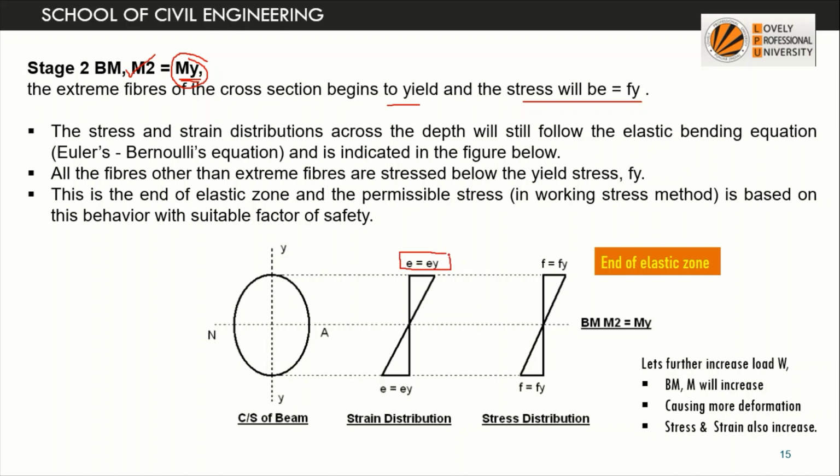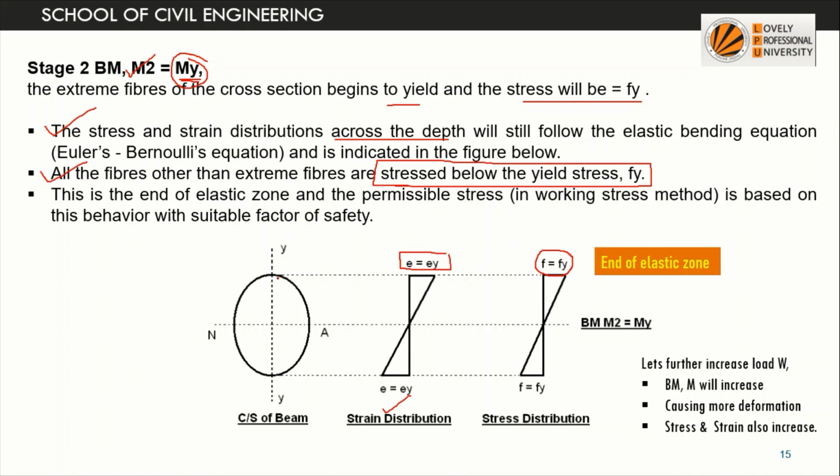In this strain variation, we see that the value of strain corresponds to yield strain, so it is equal to epsilon y, and corresponding to that value the stress is equal to Fy. So the stress strain distribution across the depth is still linear. All the fibers other than the extreme fibers are stressed below yield stress. So this is very important.